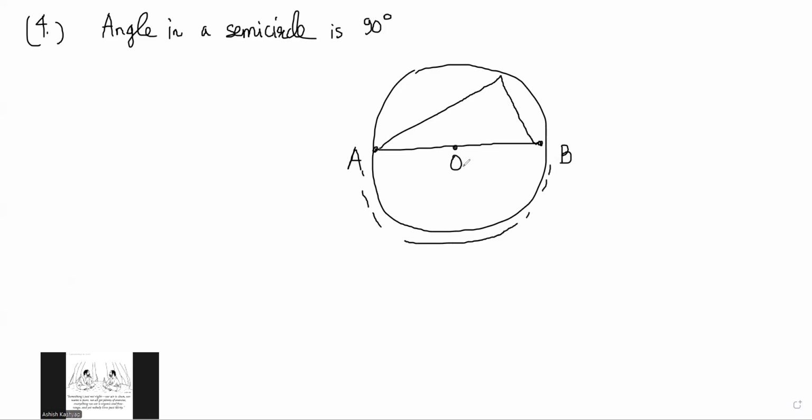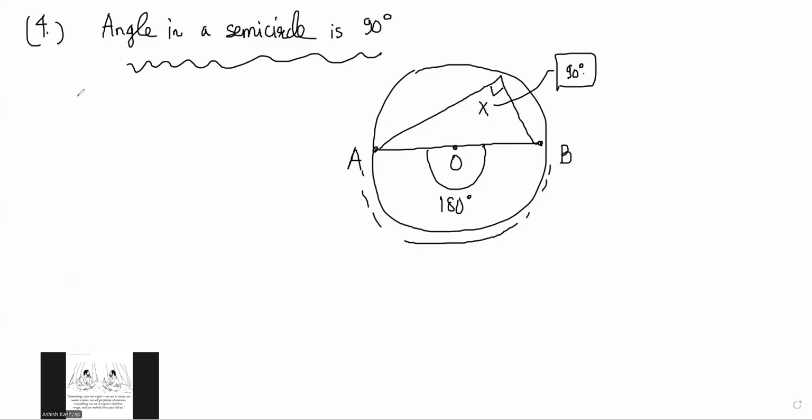This is the center, so the chord basically is the diameter AOB, and the chord makes an angle somewhere here, X. So the angle at the center should be double of that. But this angle is a straight line because this is a diameter, so this is 180, so X should be 90. Using the previous theorem, we can prove that the angle in a semicircle is 90 degrees. And obviously, any place you make this angle on the circle, everywhere it will be 90. I hope that is clear.